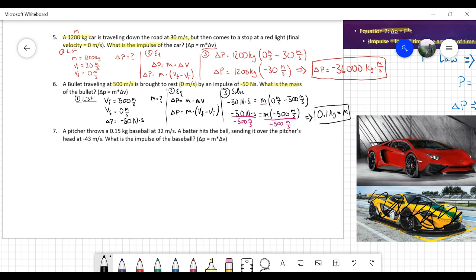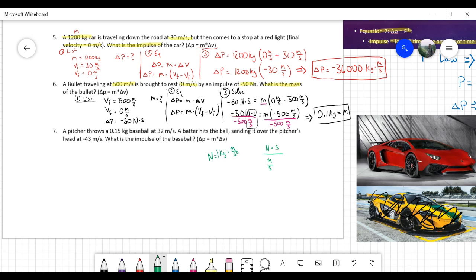These units kind of look a little weird, and you might be wondering, how do you end up with kilograms from this? There's no kilograms in there. Well, there actually is. This is kind of a side note. Again, I'm just trying to show you that this does work out. If you remember back from last unit, newtons is equal to kilograms times meters per second squared.